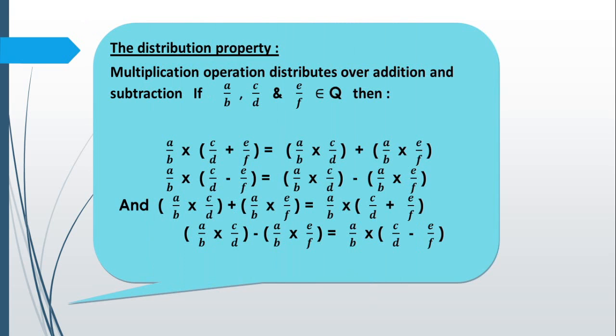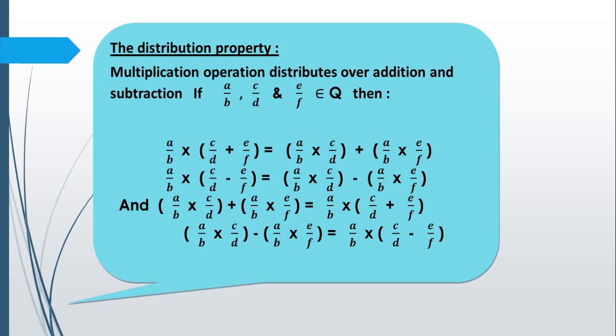We have a very important property in multiplying, the distribution property. Multiplication operation distributes over addition and subtraction. If we have a over b, c over d, and e over f belonging to Q, then a over b times (c over d plus e over f) equals a over b times c over d plus a over b times e over f.